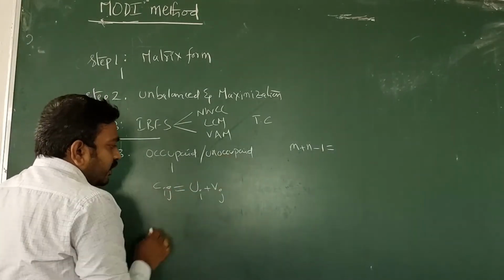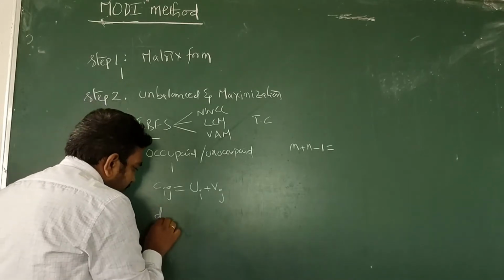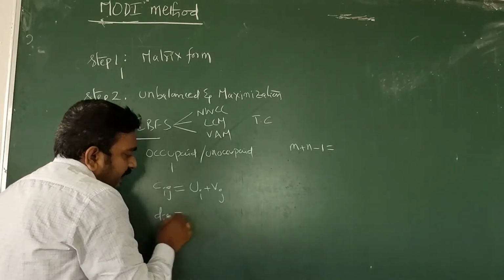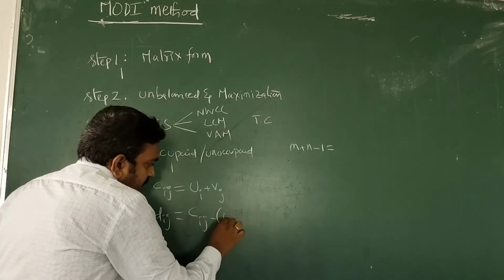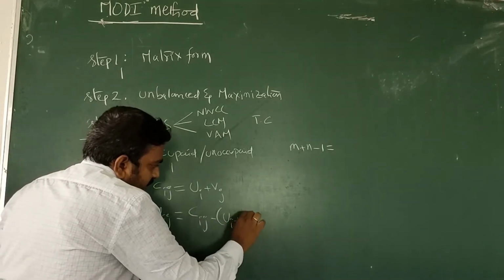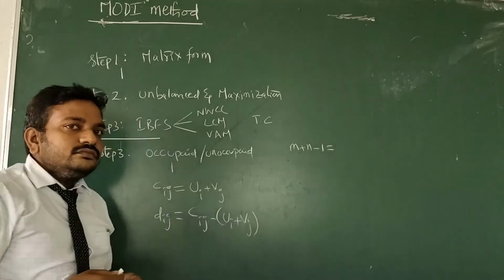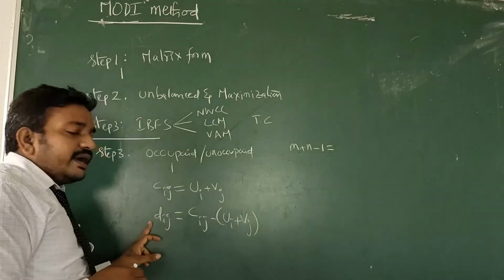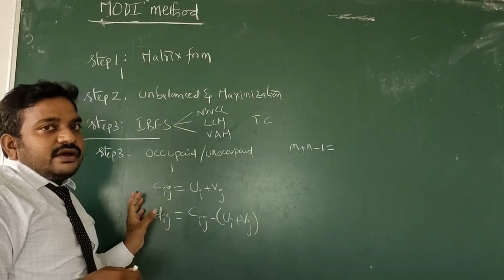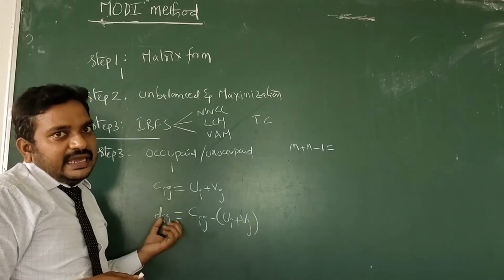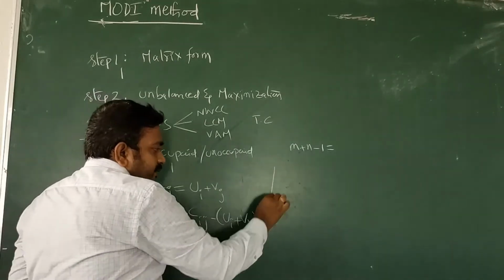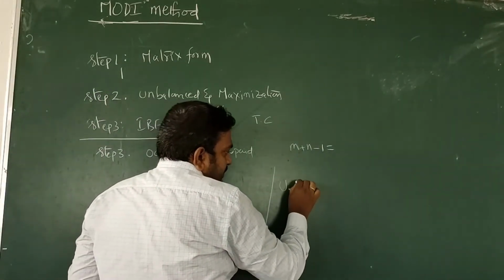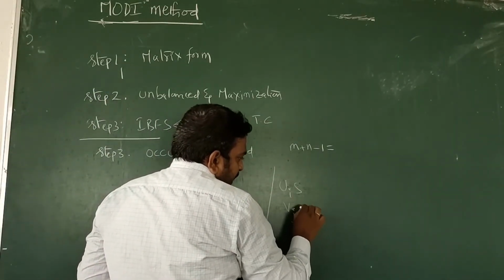For unoccupied cells, you also identify Dij. Dij equals Cij minus (Ui plus Vj). Dij indicates the opportunity cost for unoccupied cells.